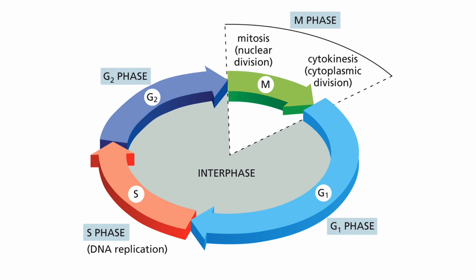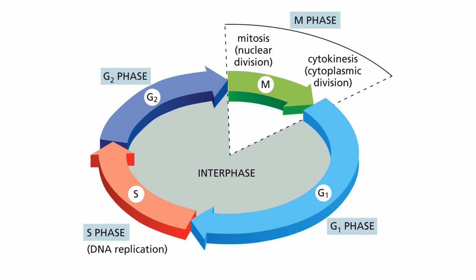S phase, where also you can't really see anything if you're looking at the cell, so you call it interphase, as if nothing's happening. During S phase is when DNA replication takes place. And this, of course, is extremely complicated, a lot going on. The DNA is doubling, and later we'll talk about the mechanism of DNA replication. This phase takes approximately 8 hours.